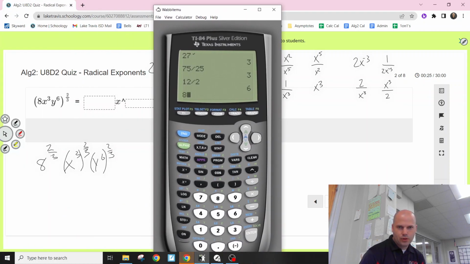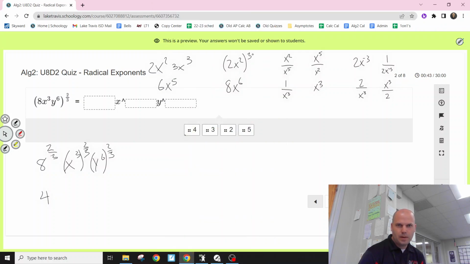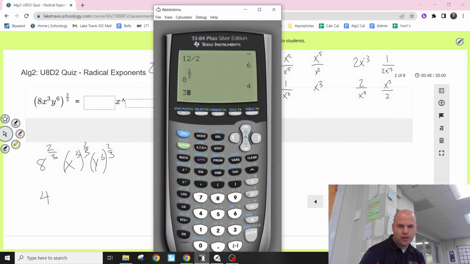For 8 to the 2/3, I just type it in as I see it. I get 4. But x cubed to the 2/3, I'm not going to type in 3 to the 2/3 because it's not that. I'm going to use the exponent rule of a power to a power, you multiply the powers. So I'm going to do 3 times 2/3 and get 2.